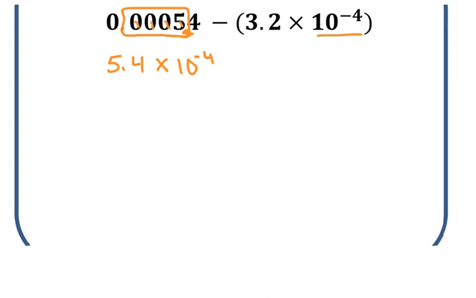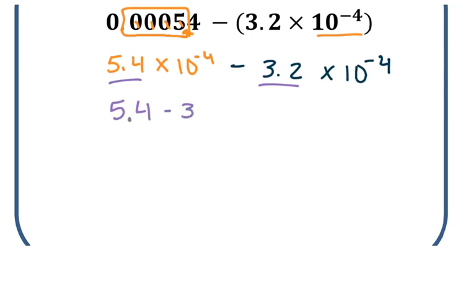Okay, and then I'm subtracting. So now I'm going to subtract 5 and 4/10 minus 3 and 2/10. So that's going to give me 2 and 2/10 times 10 to the negative 4.